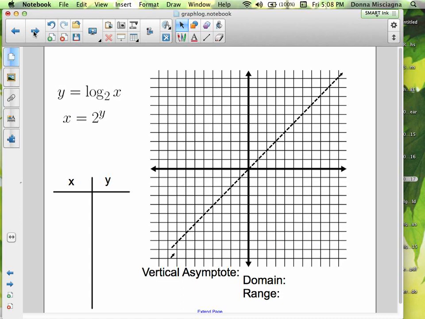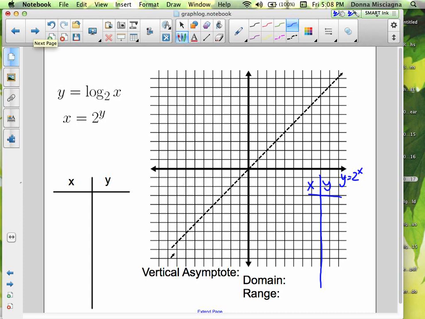All right, let's graph the exponential function first. I'm going to put a coordinate table right there. So this is for y equals 2 to the x. I'm going to raise 2 to the negative 2, negative 1, 0, 1, 2, and 3 power.